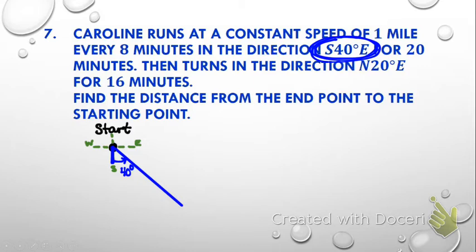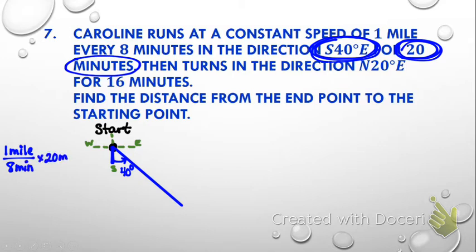She did that for how long? For 20 minutes. And we know she's going how fast? So 1 mile every 8 minutes. She does that for 20 minutes. So how far has she gone?